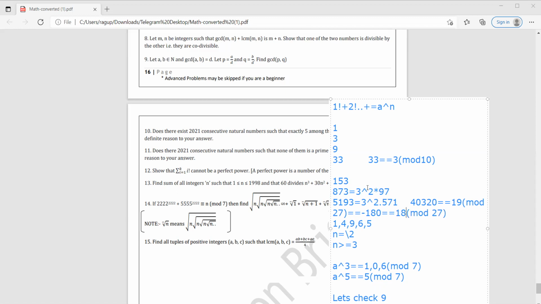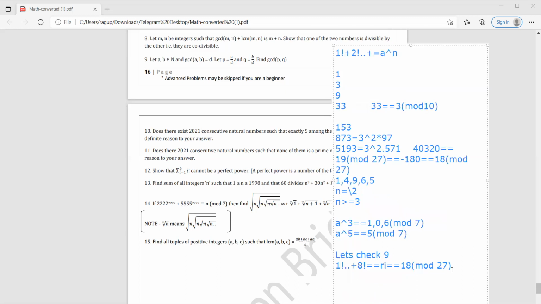So sigma 1 to 8 factorial is equal to 18 mod 27. And after that 9 factorial is divisible by 27. So all numbers from 9 onward would be divisible by 27. So sigma k factorial is equal to 18 mod 27 for k greater than or equal to 9.